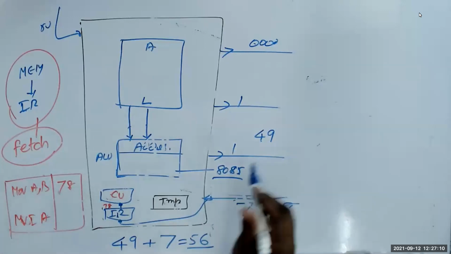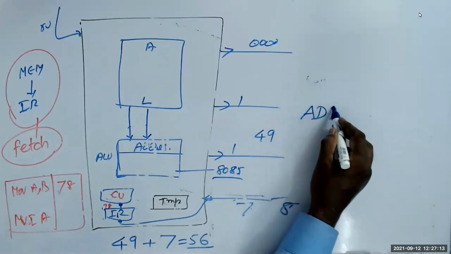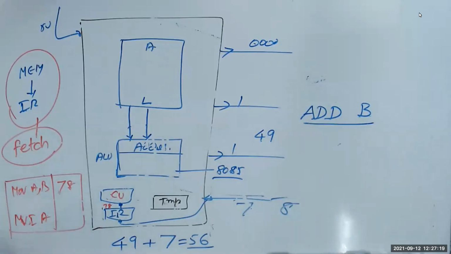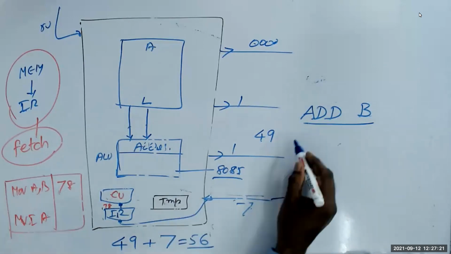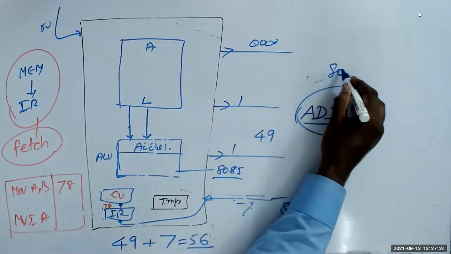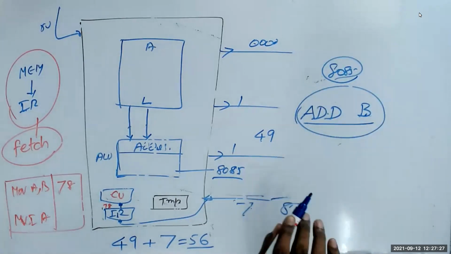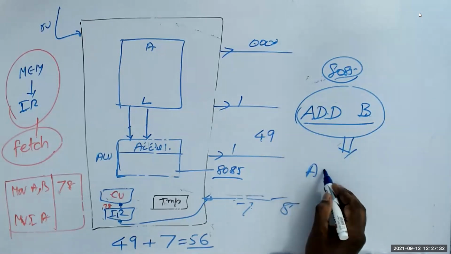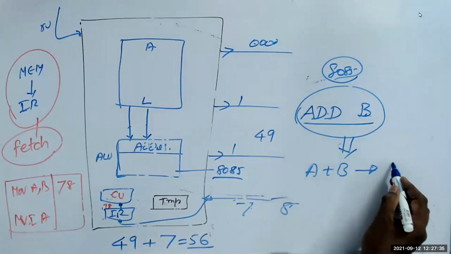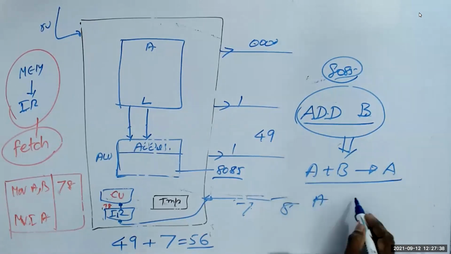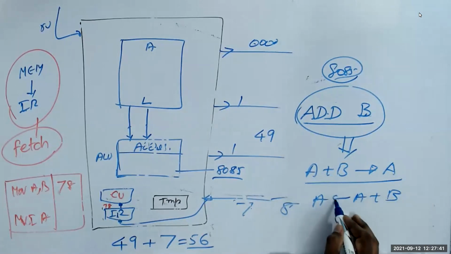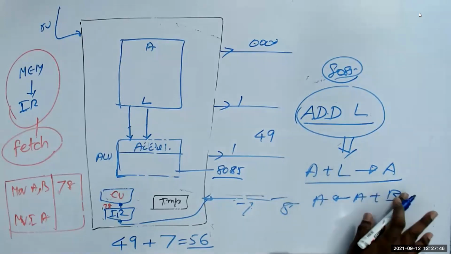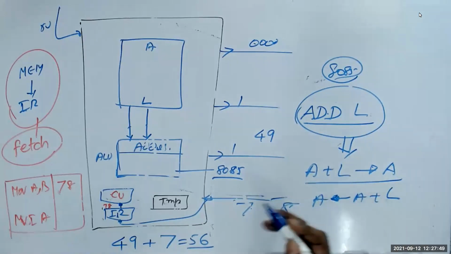If we say add B, we don't understand this, but you know one thing: he says the equivalent is A plus B, and puts the result in A. If you say add L, that means A plus L, and the result goes in A.